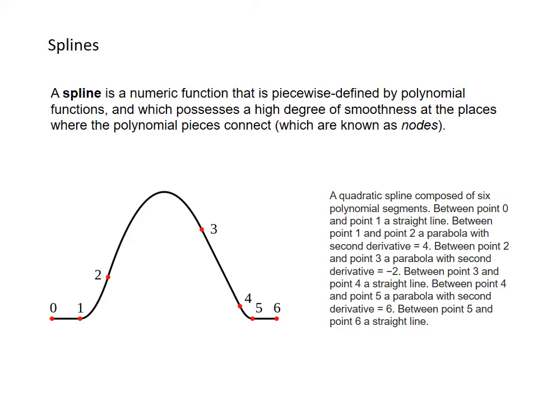It looks like a quadratic. And then if x is between 2 and 3, then we're going to describe it a slightly different way. It looks like a different parabola. And then between 3 and 4, 4 and 5, and 5 and 6, they each have their individual equation that, based on the value of x, gives you some value of y.